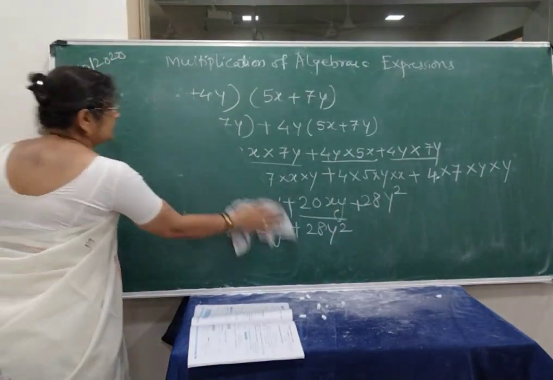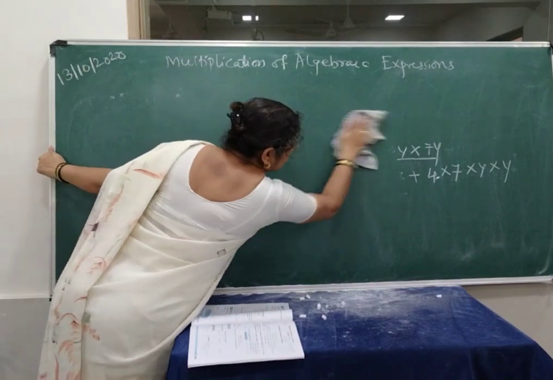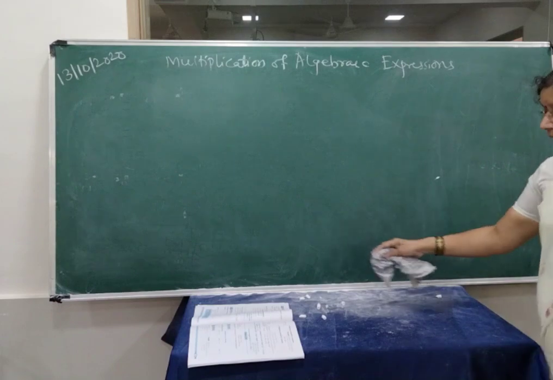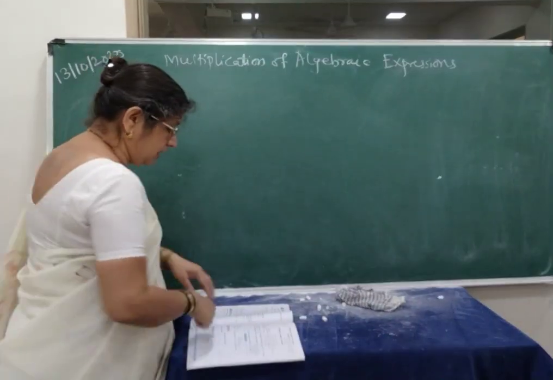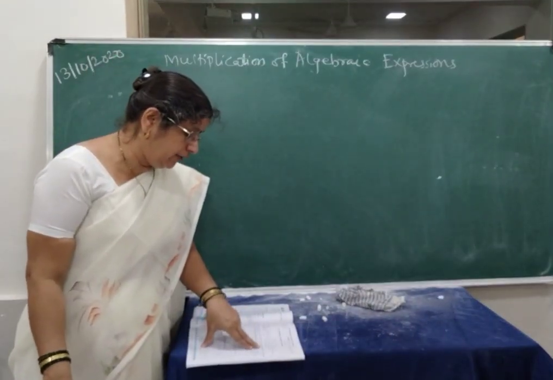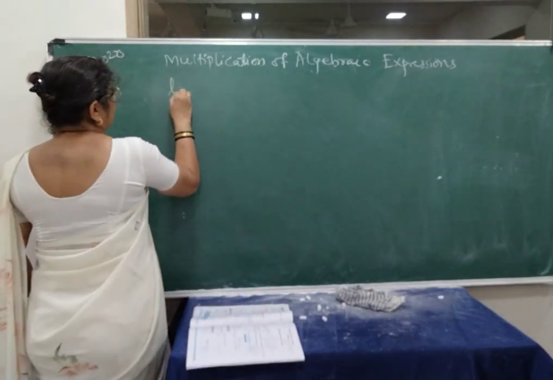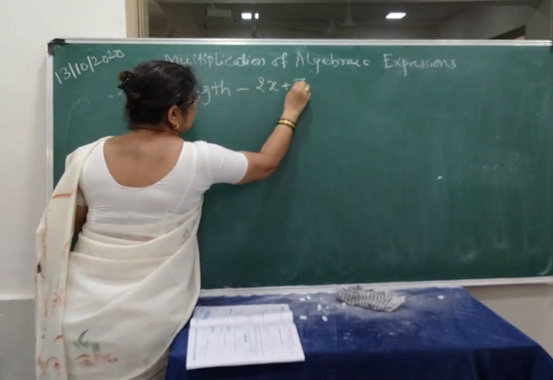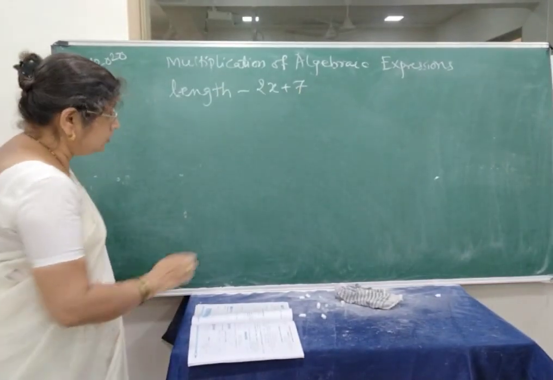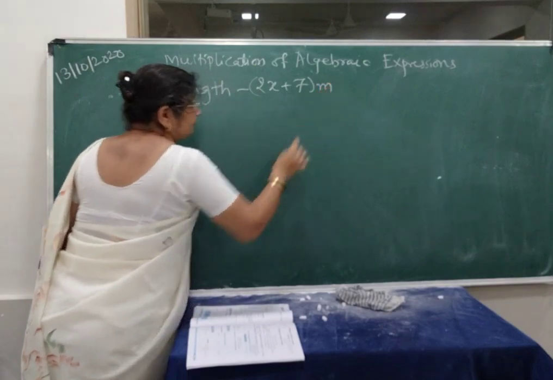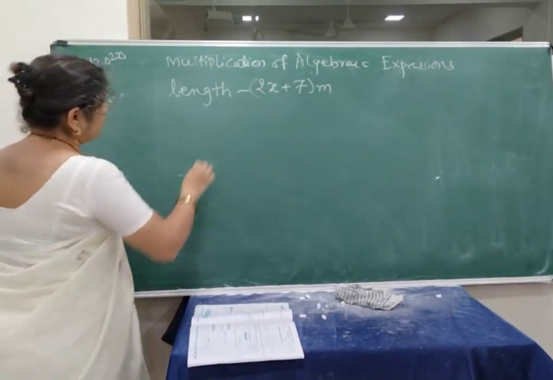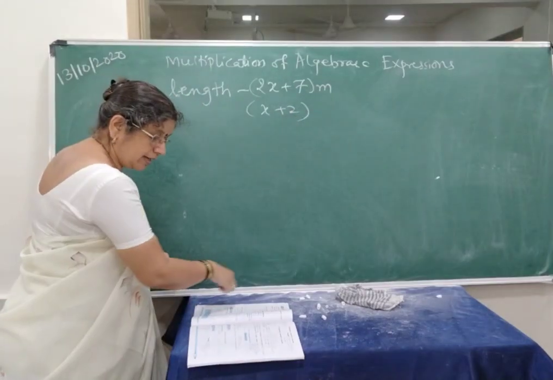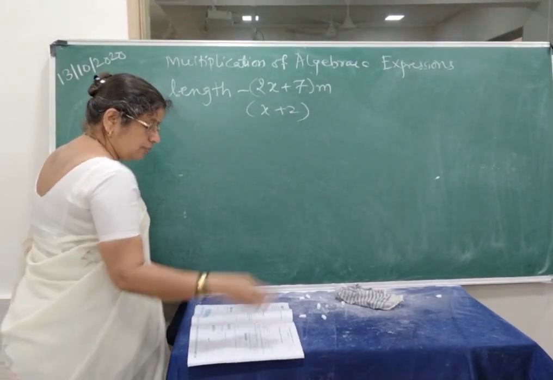Now the last example which is there in your textbook, the solved one that we will see, is a word problem. The question is: find the area of the rectangular field whose length is given as 2x plus 7 meter and breadth is x plus 2 meter.